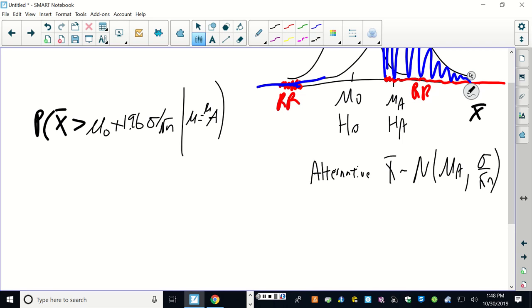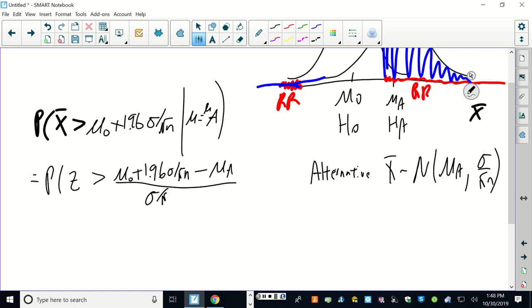So for any normal, we're going to standardize: subtract the mean, divide by the standard deviation. So this is going to become a z. We take the cutoff value, the rejection boundary here, subtract the alternative mean, which is the average under the alternative hypothesis, and divide by the standard deviation to standardize it.